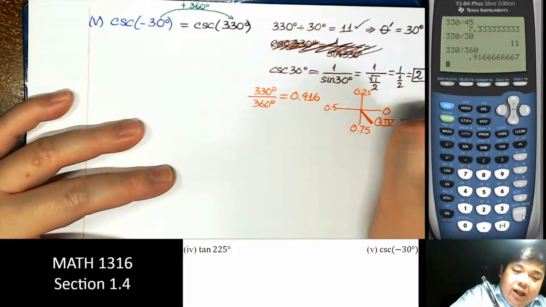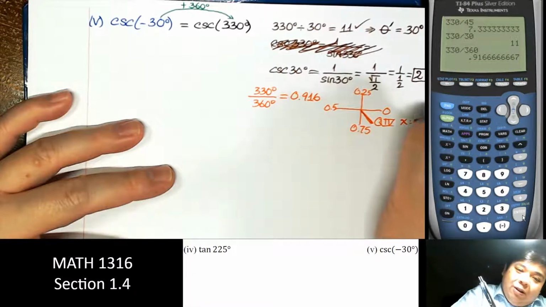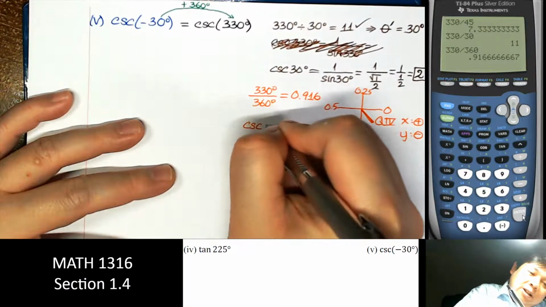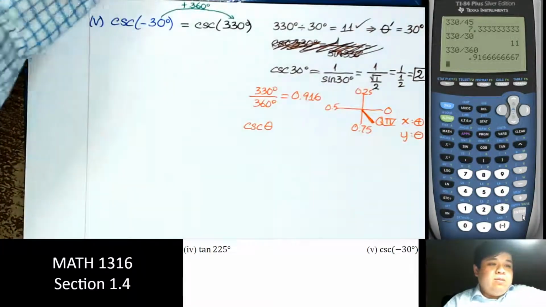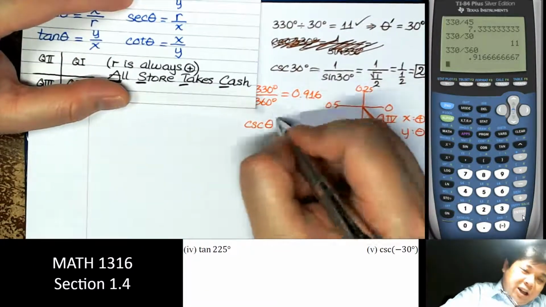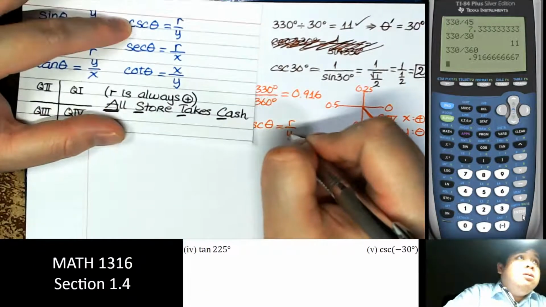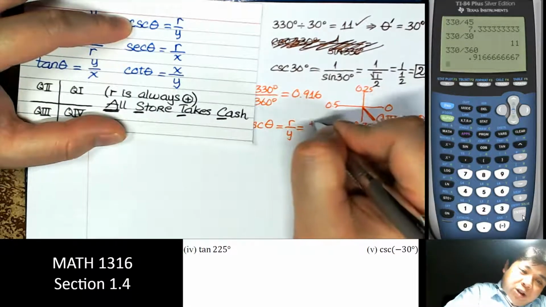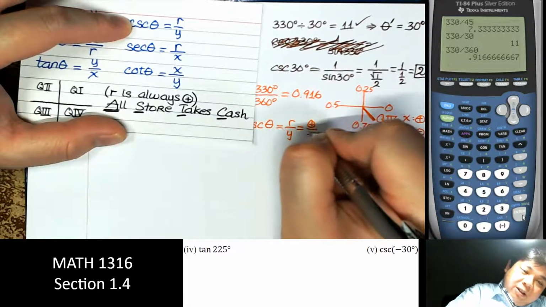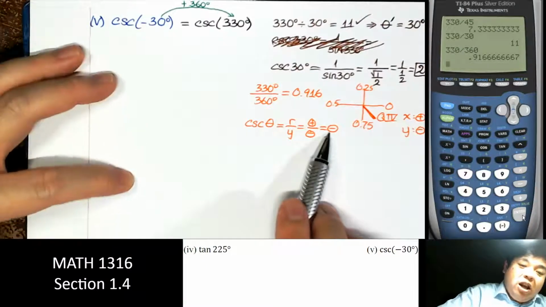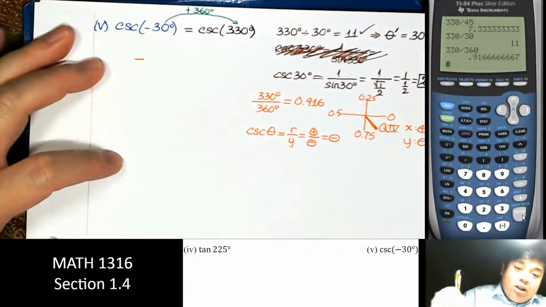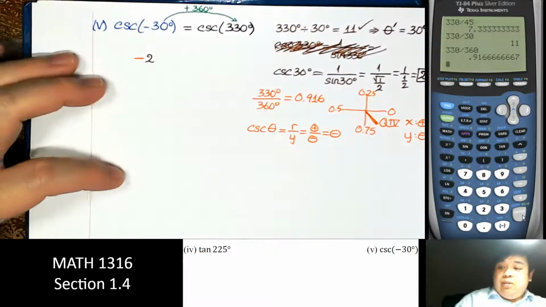In quadrant 4, x is positive and y is negative. And cosecant is r over y. Sorry, r is always positive, y is negative. So it is negative. So the sign is negative, and the value is 2. So the answer is negative 2.